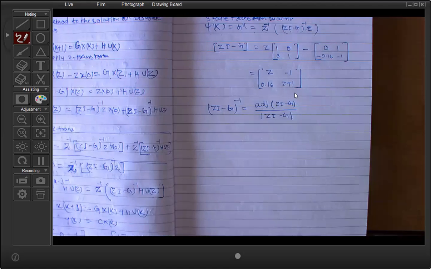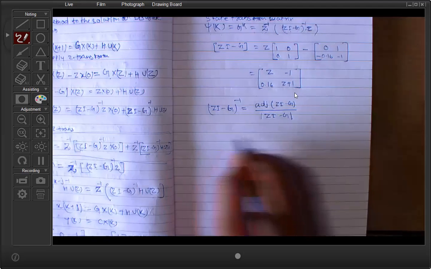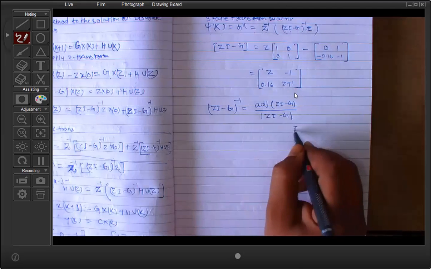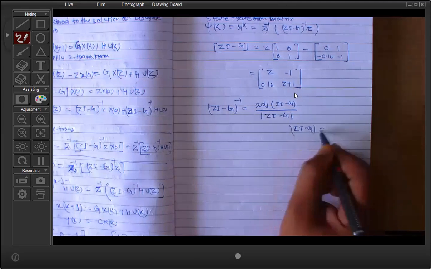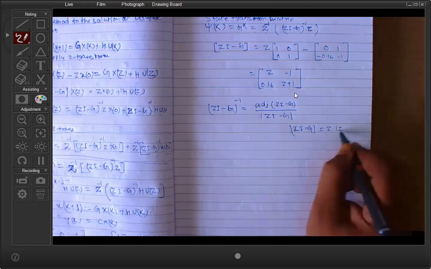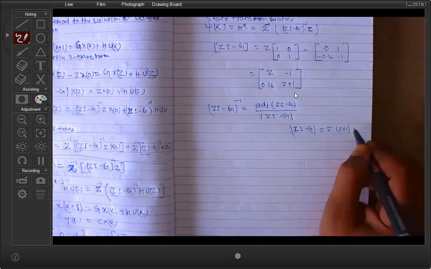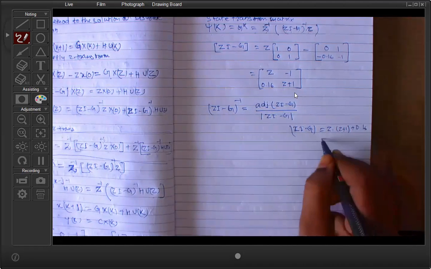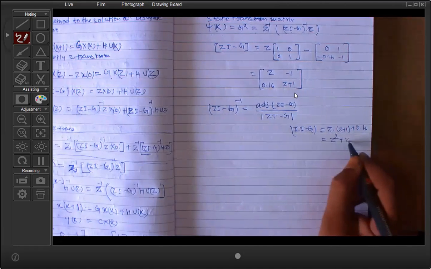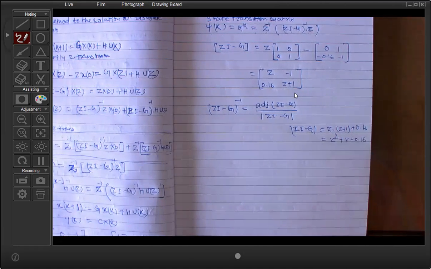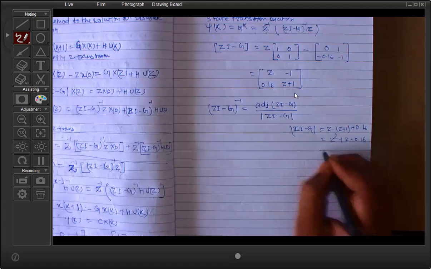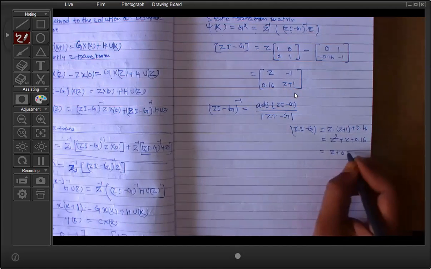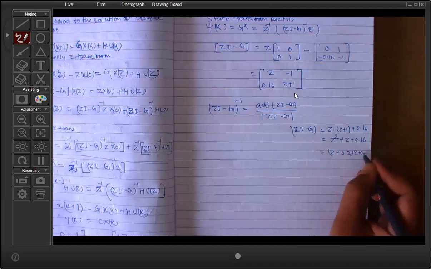So first, we have to find out the magnitude of ZI minus G matrix, that is equal to Z into (Z plus 1) plus 0.16, that is equal to Z square plus Z plus 0.16. Any doubt? No, sir. Okay, so if you factorize it becomes (Z plus 0.2) into (Z plus 0.8).